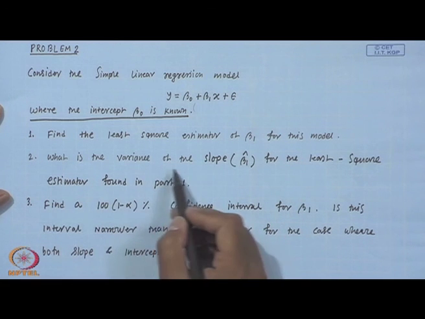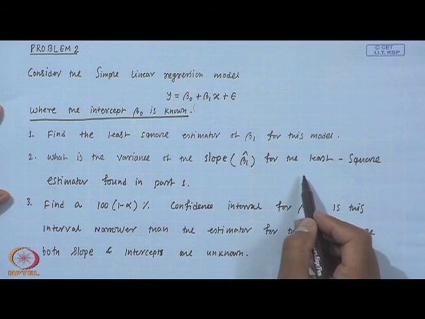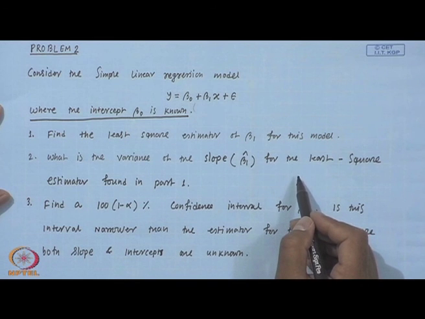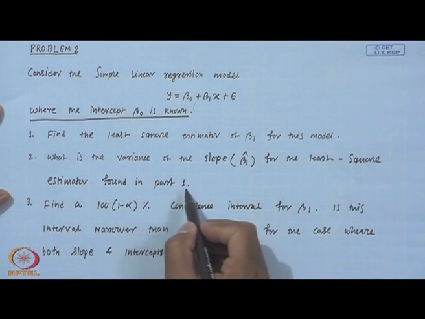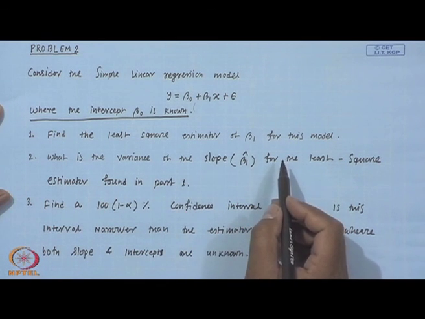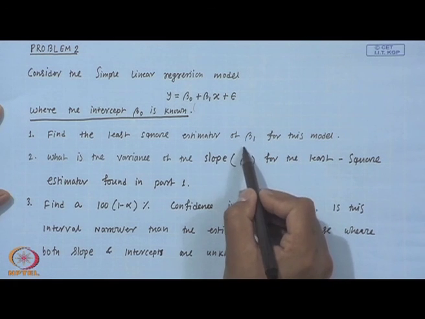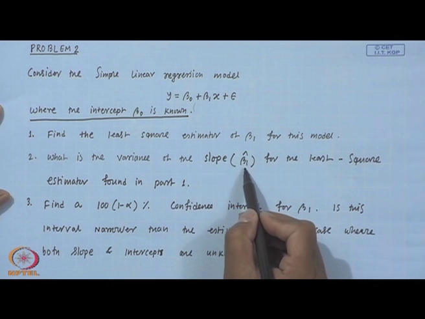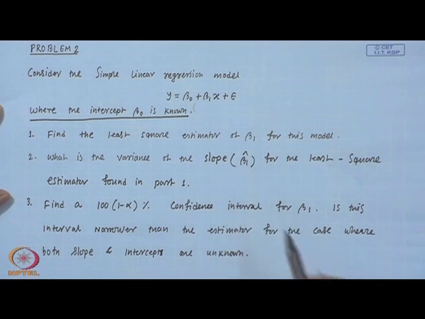Then what is the variance of the slope beta 1 hat for the least square estimator found in part 1? So, you find a least square estimator of beta 1, say that is beta 1 hat, then find the variance of beta 1 hat.